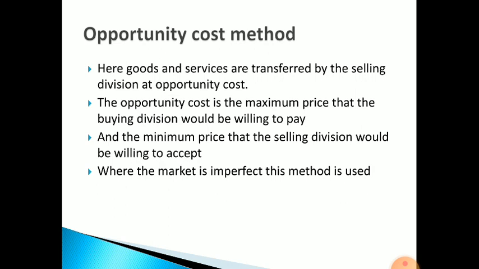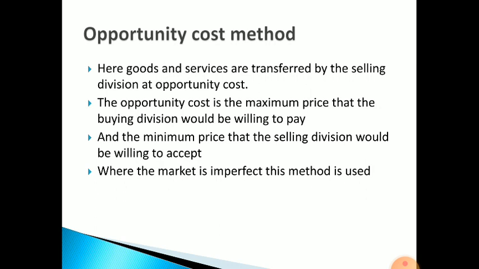There are two situations. First, the opportunity cost is the maximum price that the buying division would be willing to pay. The second situation is that it is the minimum price that the selling division would be willing to accept. We know that there are two divisions, the buying division and the selling division.